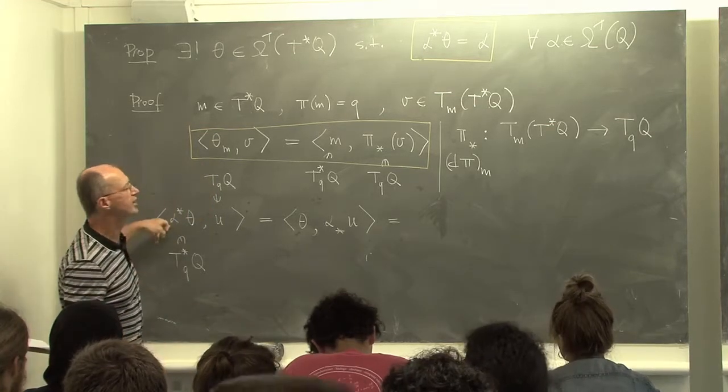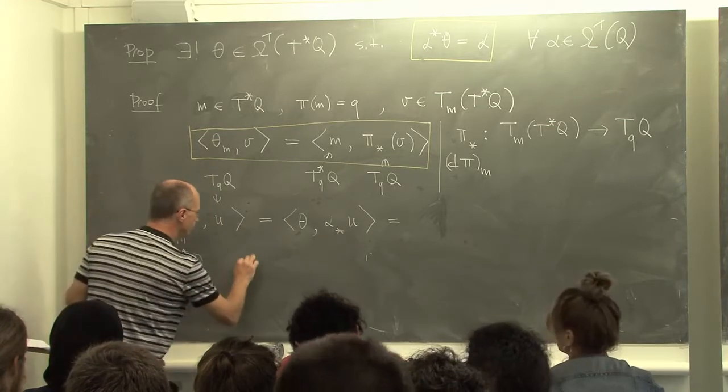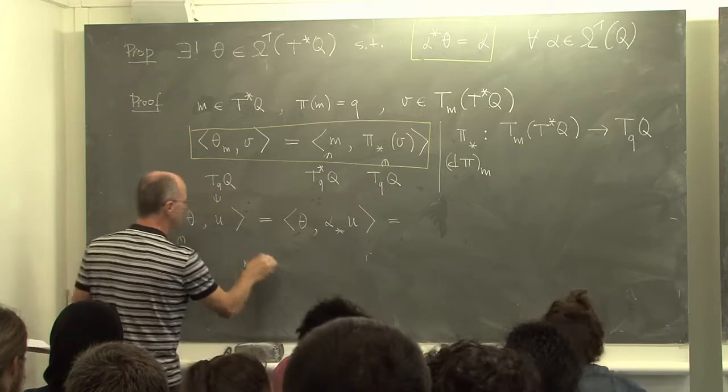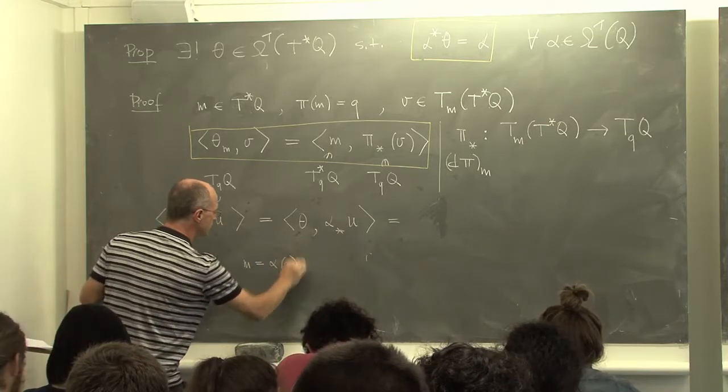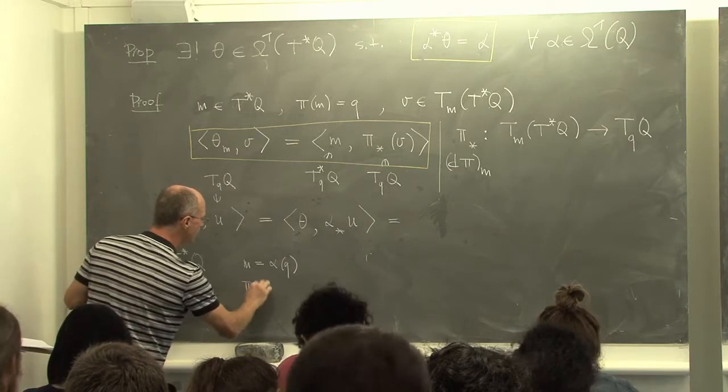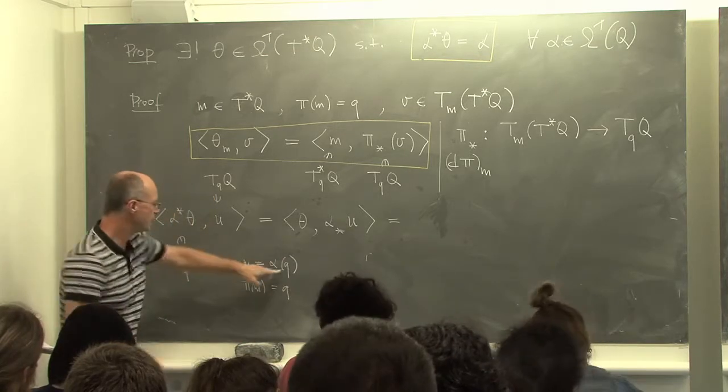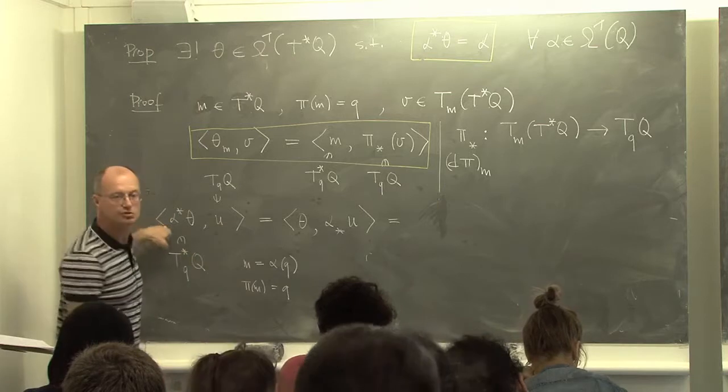So what is the point M? Pi of M is equal to Q, but M is equal to alpha of Q, right, in this story.